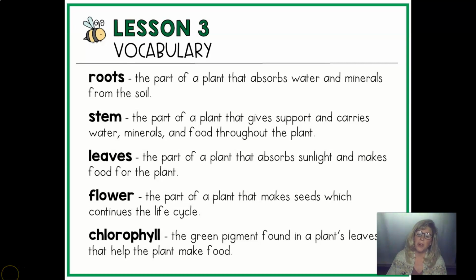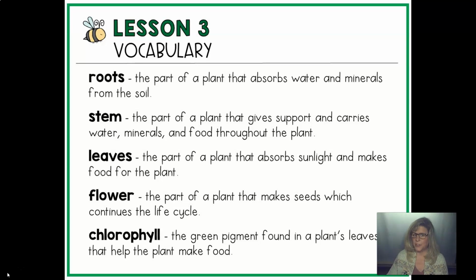Leaves, the part of the plant that absorbs sunlight and makes food for the plant. Flower, the part of a plant that makes seeds, which continues the life cycle or the circle story.